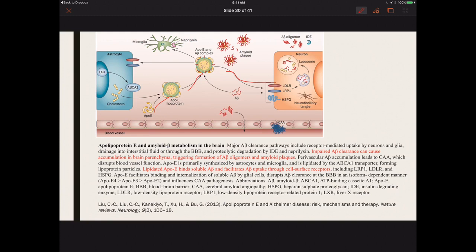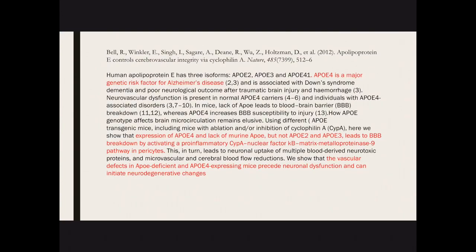However, there is another and perhaps darker side to ApoE4 in the next slide, and that has to do with its effect on the blood-brain barrier. It appears as though if you have the ApoE4 allele, something goes wrong with your parasite functioning. Your blood-brain barrier becomes compromised.